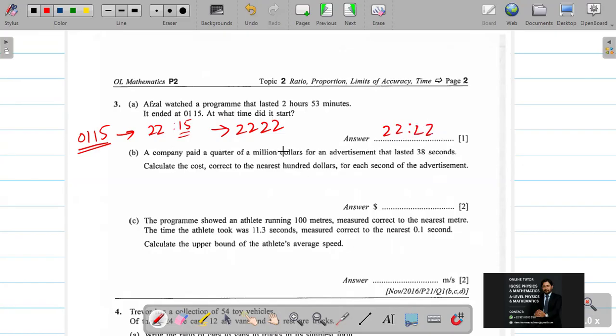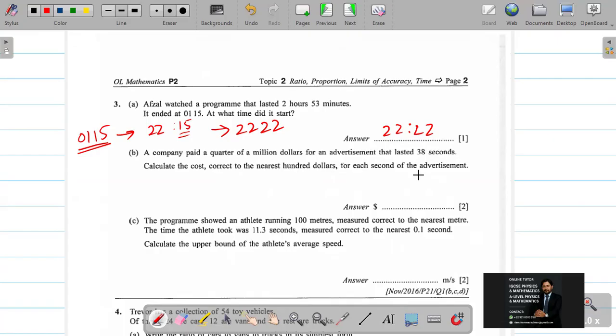A company paid $250,000 for an advertisement that lasted 38 seconds. Calculate the cost, correct to the nearest $100, for each second of the advertisement.